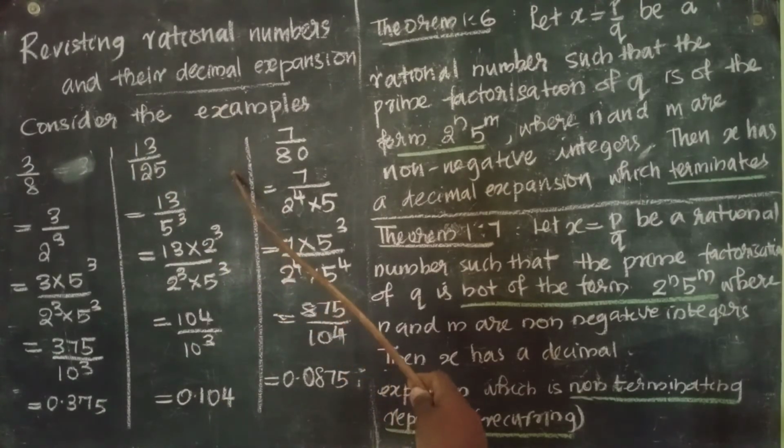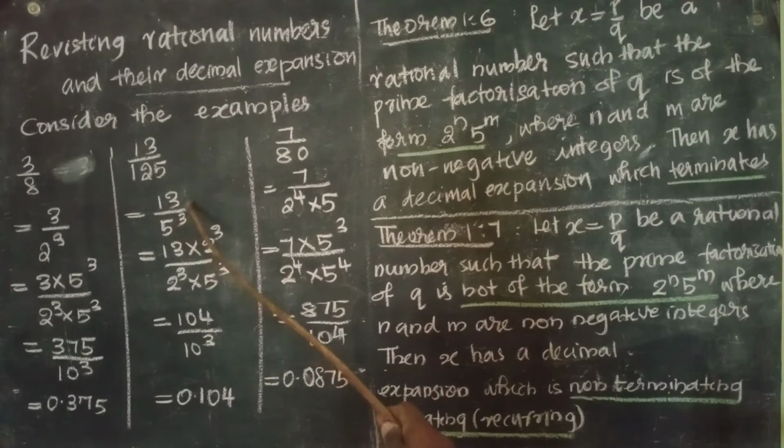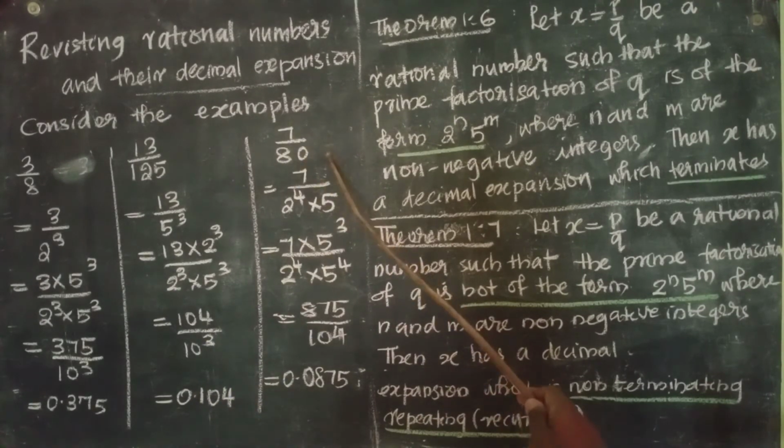Next one, 13 by 125 equal to 13 by 5 cube. Here you have to multiply with 2 cube by 2 cube. We get 13 into 2 cube by 2 cube into 5 cube, equal to 104 by 10 cube, equal to 0.104. It is terminating.